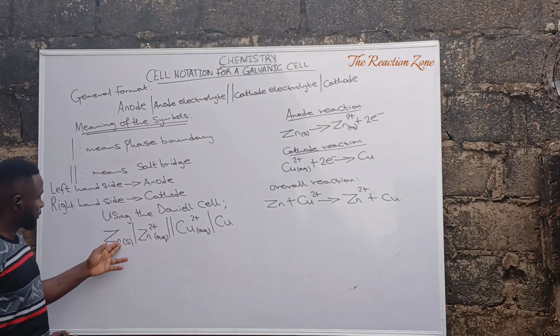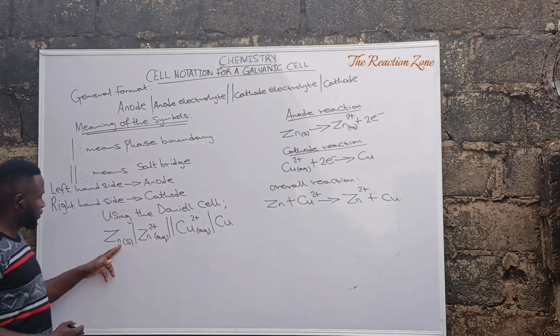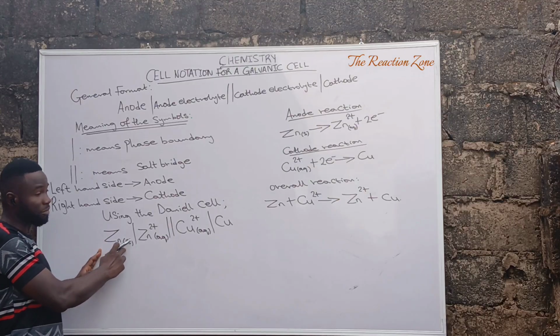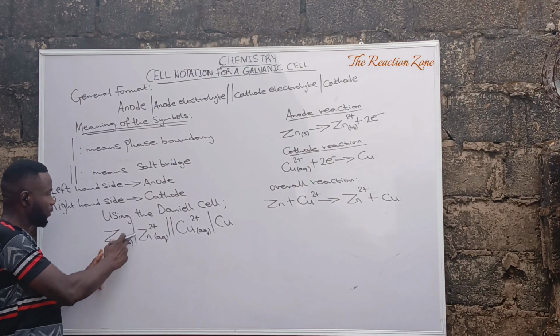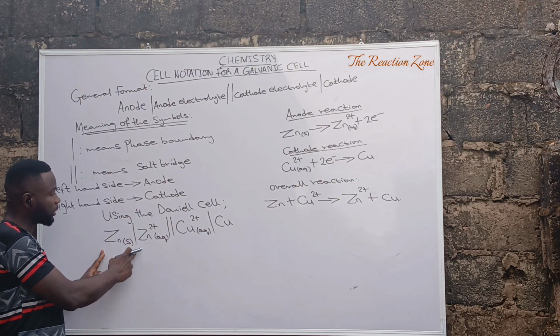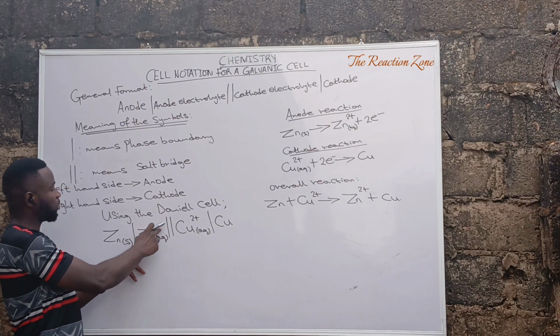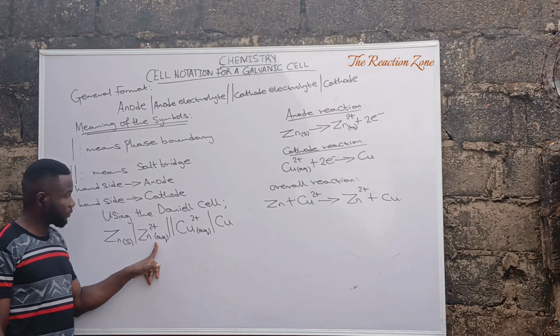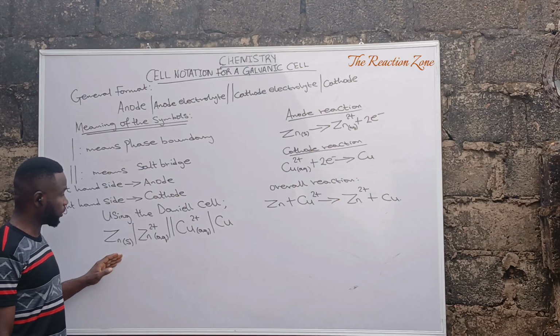And this is it. Zinc solid. This represents the zinc metal or the zinc rod. Then you have the phase boundary, and Zn2+ here represents the electrolyte for the anode half cell.